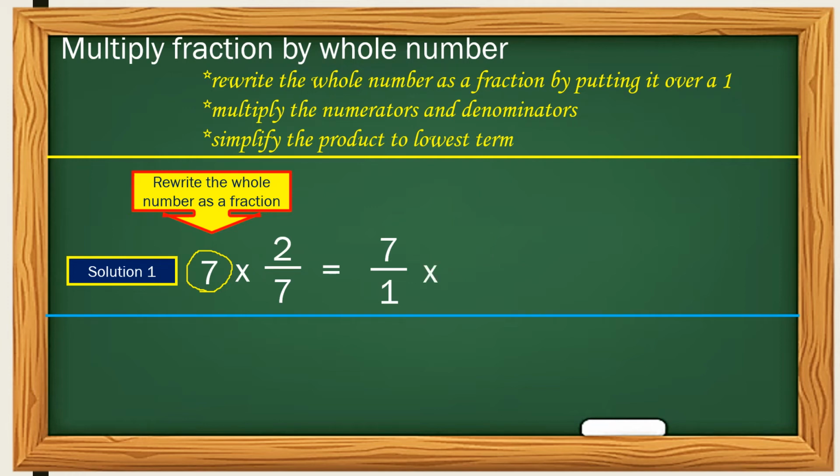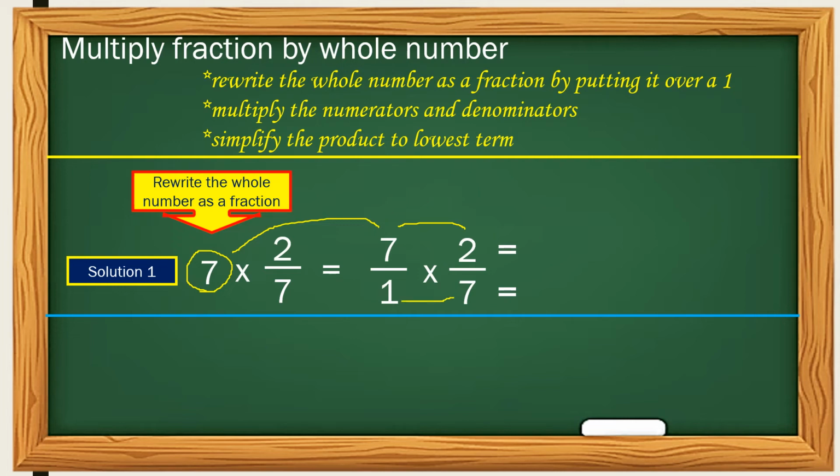Okay, multiplied by 2 over 7 is equal to. So, let us proceed to step number 2. Multiply the numerator and the denominator.